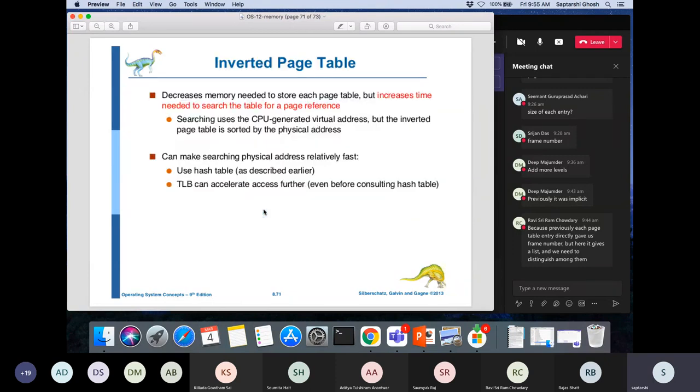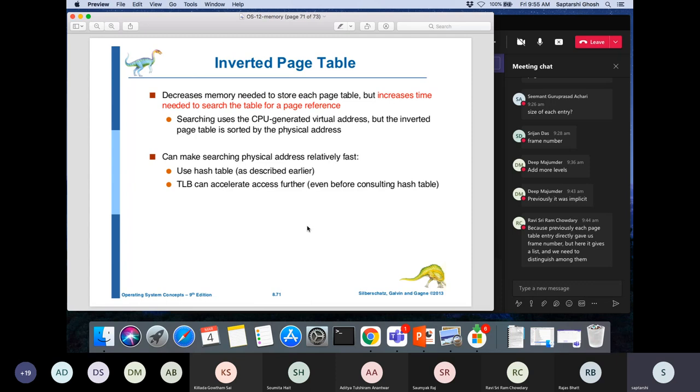So essentially, you have to do a linear search kind of thing. So that makes it a bit problematic. People have thought of ways, but yes, inverted page tables have not become so popular as, say, hashed page tables or multi-level page tables.